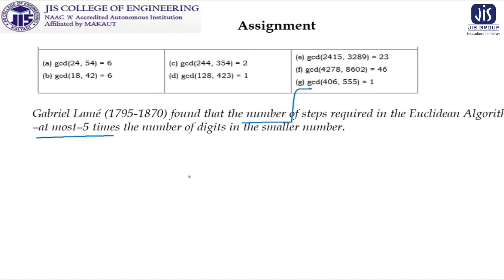So if one number is represented as xyz and another as abc, the number of digits in the smaller number, multiplied by 5, is the upper bound on the number of steps of the Euclidean algorithm. Please test it first, then you will get some confidence, then you can think about the proofs.